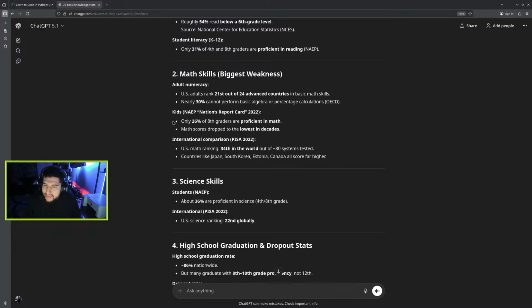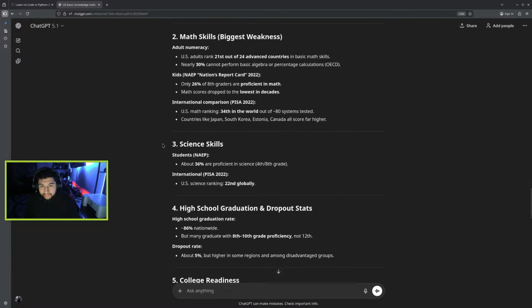Nearly 30% cannot perform basic algebra or percentage calculations. OECD. Kids from the National Report Card in 2022. Alright, so that's almost 4 years ago. NAEP, so this could be worse. Only 26% of 8th graders are proficient in math. Math scores drop to the lowest in decades.